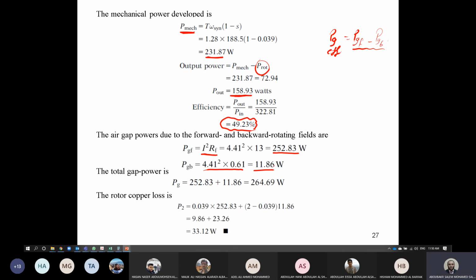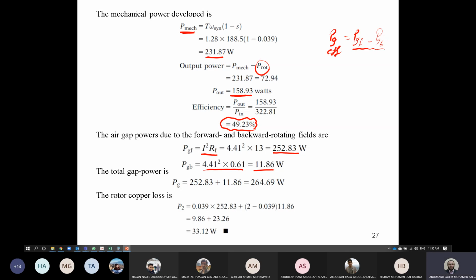Now, to calculate the gap power seen by the supply, it should be the summation of these powers, because either backward or forward power is obtained from the supply. So in order to obtain the input power, you should summate both of them.